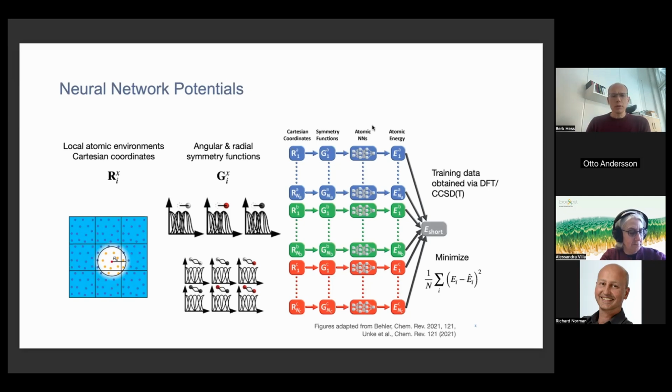To do this, the idea is that you look at a small environment of each atom, which atoms are around it, and then the first thing you will usually do is to enforce angular and radial symmetry, because it doesn't matter how the environment is oriented for the interactions. So to make the job easier for the neural network, you first do some transformations, so things are rotation invariant.